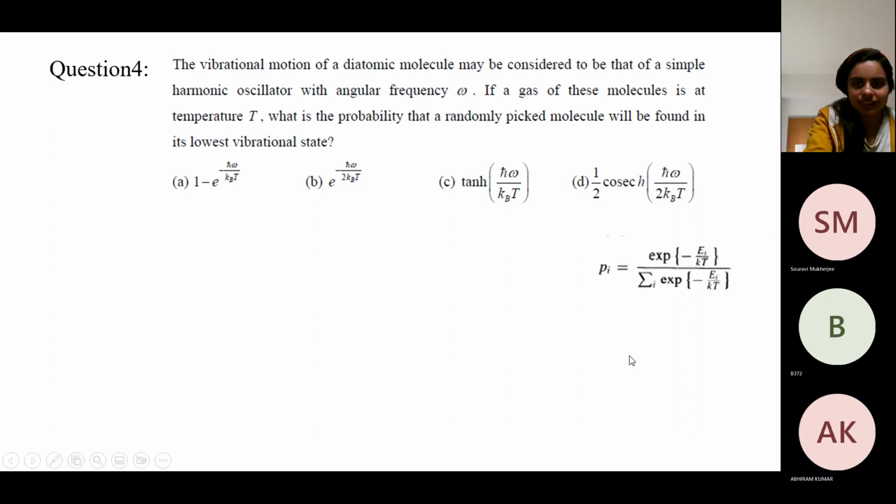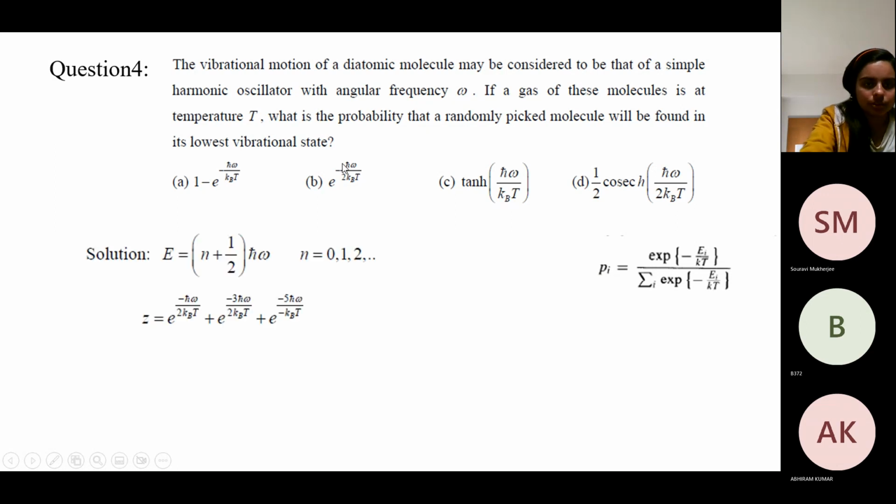So, see, you have to use this relation here. You want to find the probability that the molecule is found in the lowest vibrational state. So you have to find P_i, where i is for the lowest vibrational state. You have the energy given by the expression here.